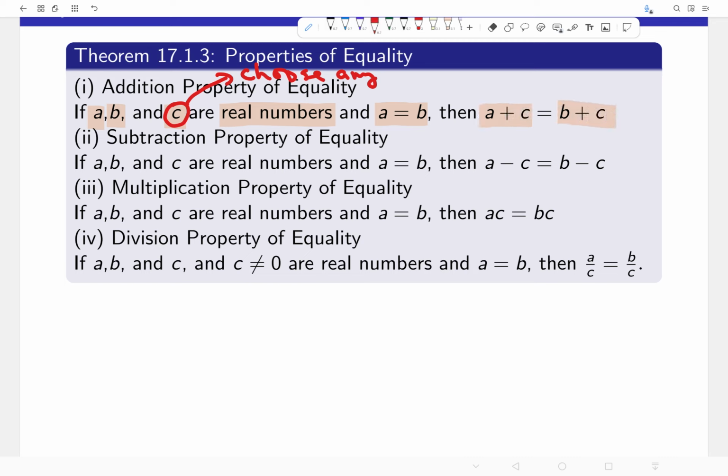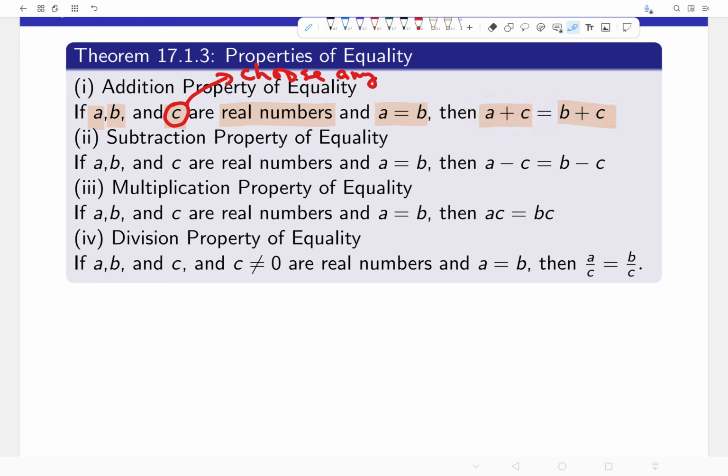So take note, if we have A which is equal to B, and we add a real number C to both sides of the equation, we have plus C and plus C, then this new expression to the left will always be equal to the new expression to the right.